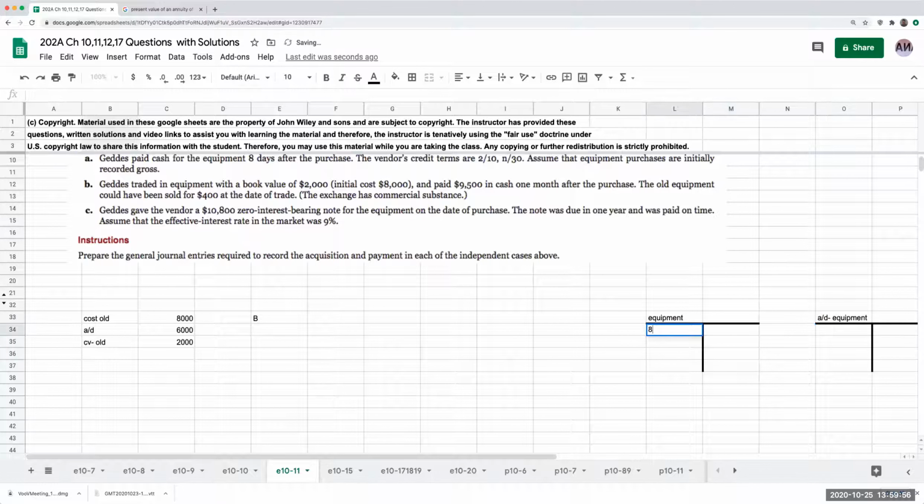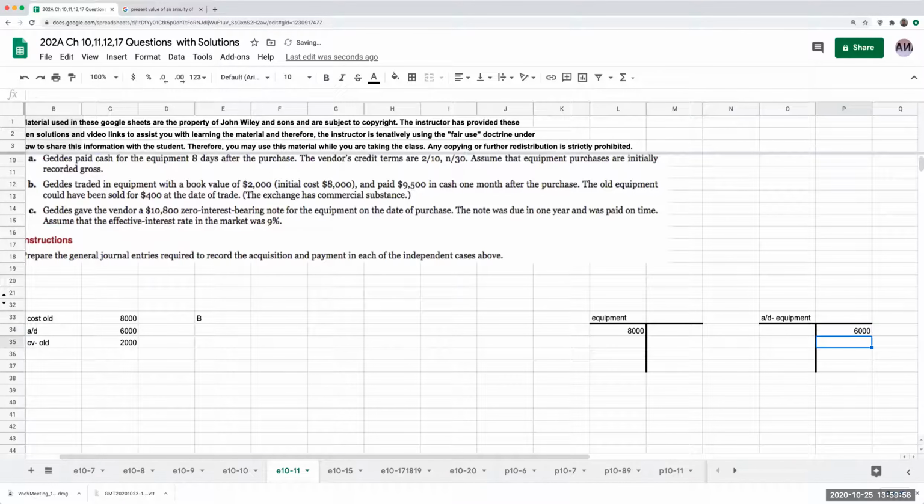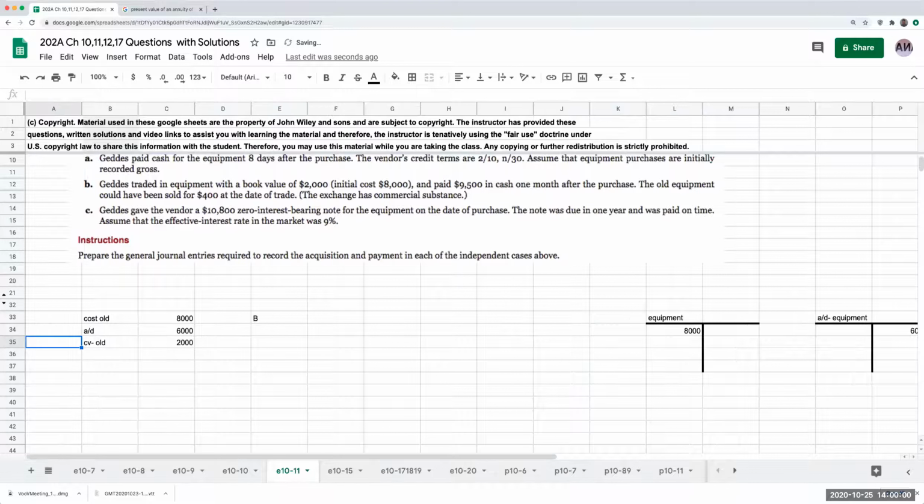This is 8,000, and this is 6,000. How do I know it's 6? Because the net book value is 2. So I need to take the old equipment off of my books. I need to debit accumulated depreciation on equipment for 6,000, and credit equipment for 8,000.